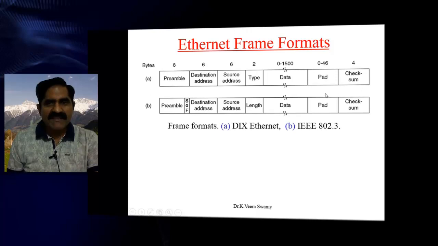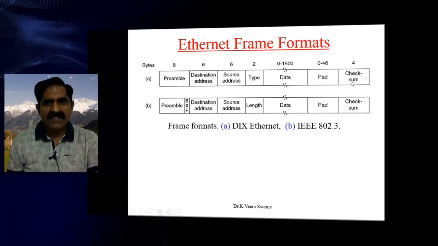Anyway, pad is needed, checksum is needed. Already we have computed checksum, and all of you know how to calculate checksum also. Here 4 bytes are meant for checksum. 4 bytes means almost a 32-bit checksum. How does it work out?